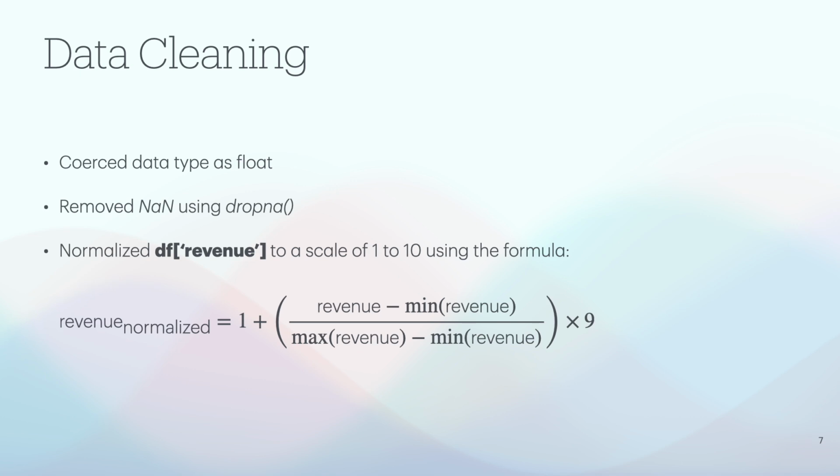So in order to maintain consistency, I normalized the revenue column on a scale of 1 to 10 using this formula. I actually went through some Medium articles about normalization and I tried this out and that gave me good results. So I just thought I will just keep it the way it is.